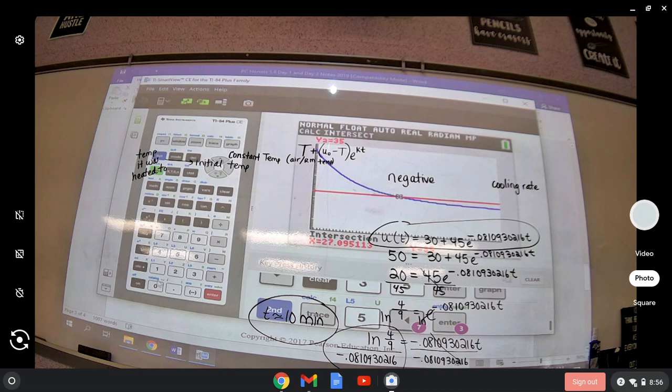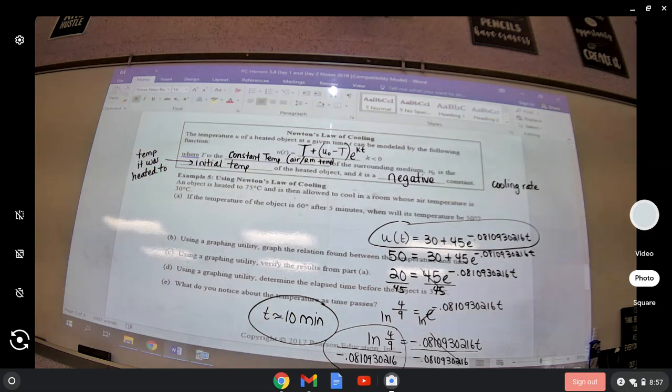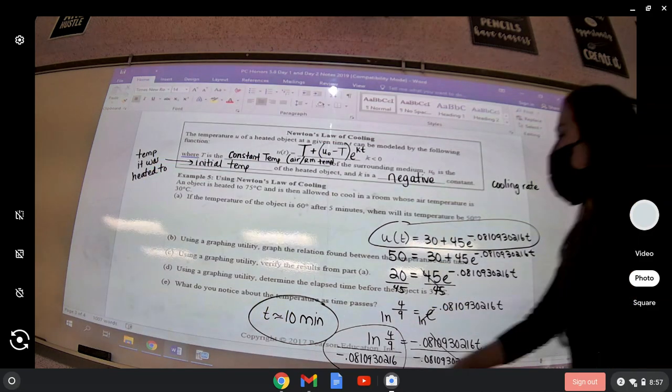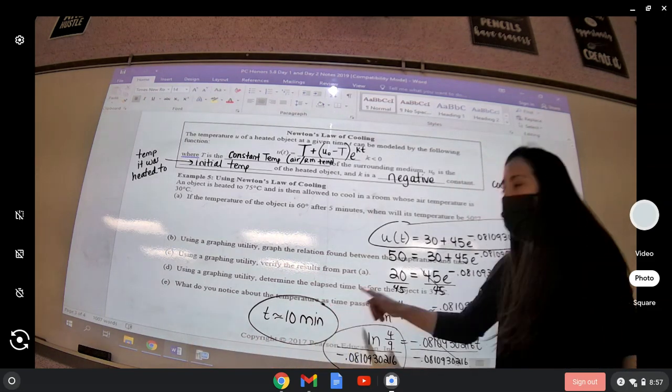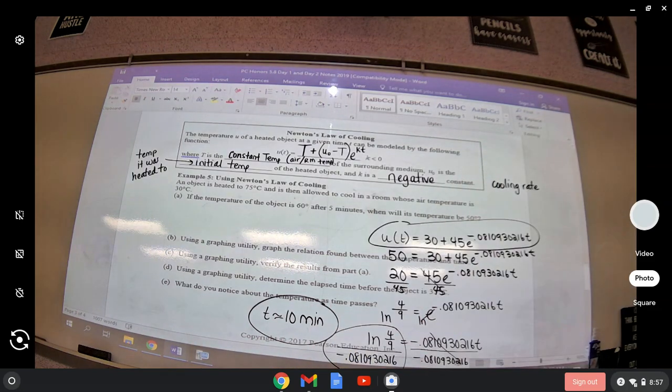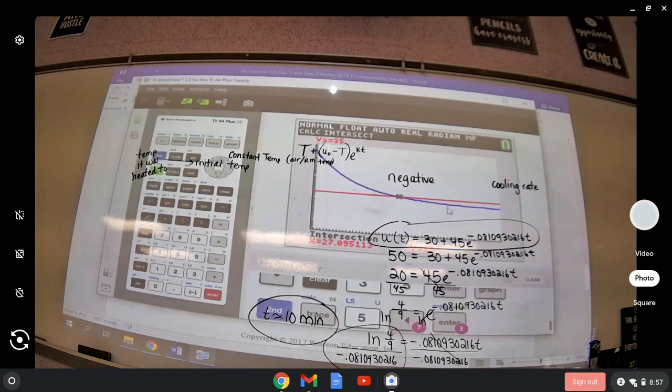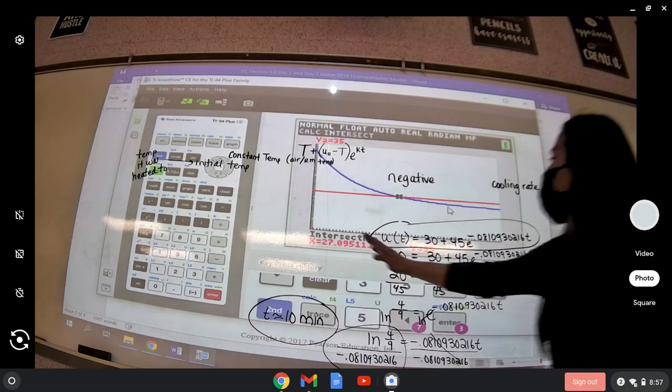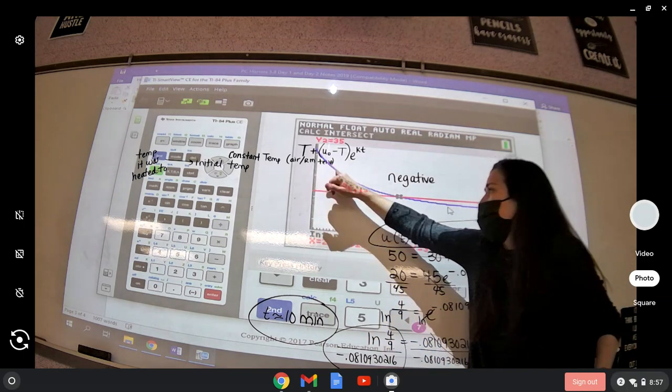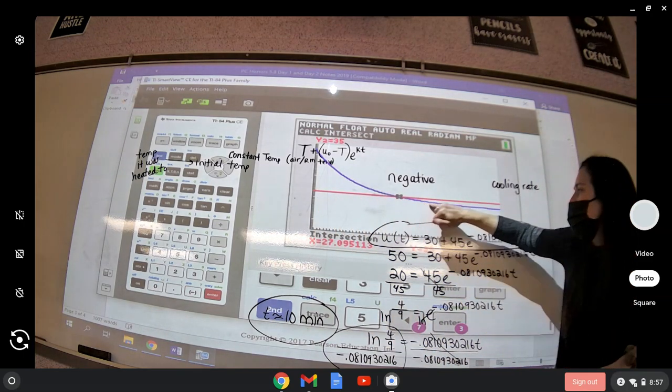And then last. The last question says, what do you notice about the temperature as time passes? Guys, look at the graph. As time goes on, the temperature drops pretty drastically, but then it starts to level off.